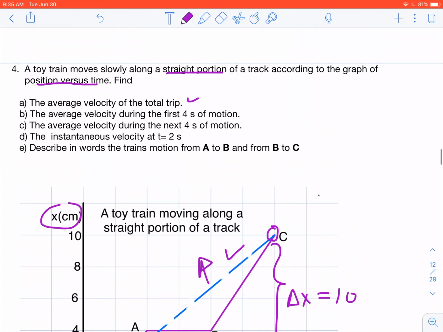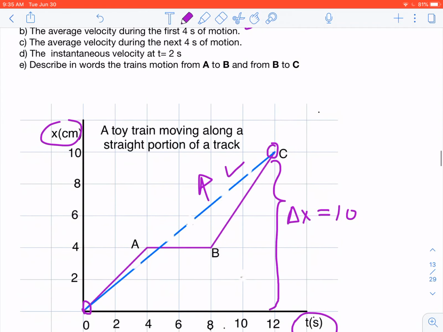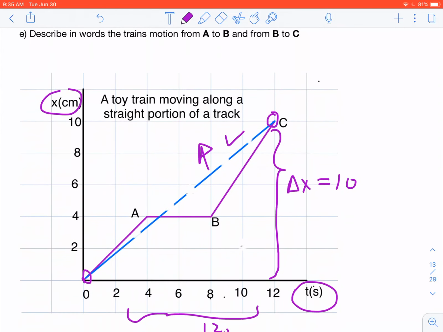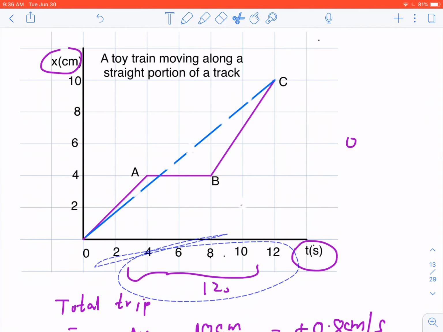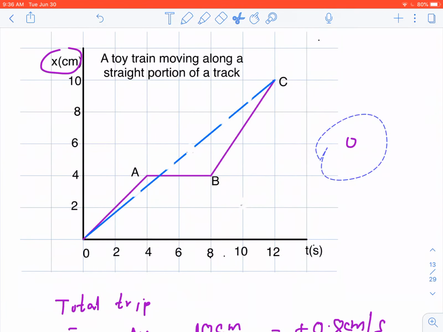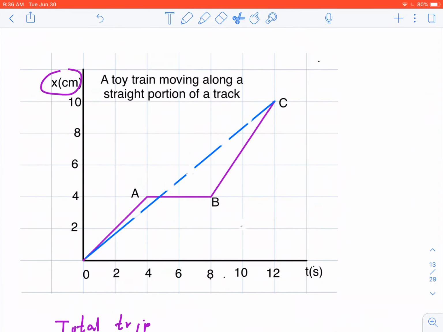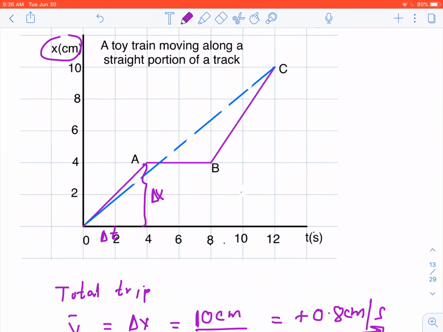Now we want to know the average velocity during the first 4 seconds. That would be change in x upon change in time, and as you can see, that's a straight line graph.